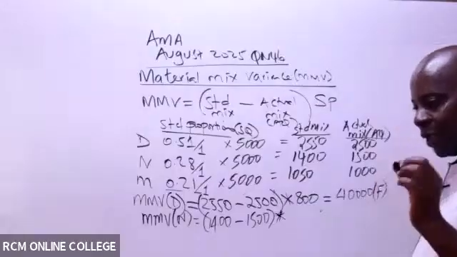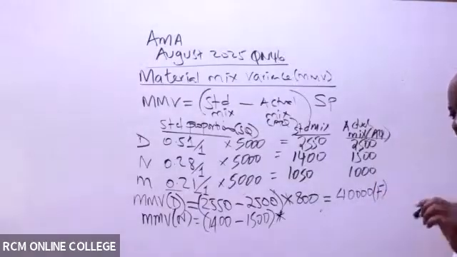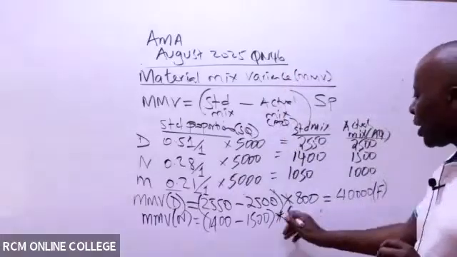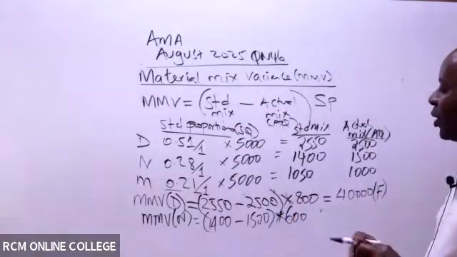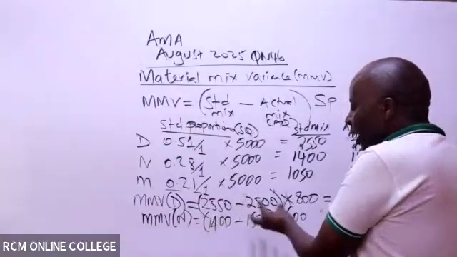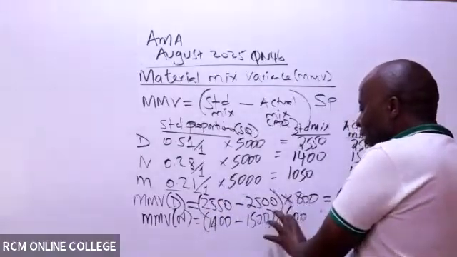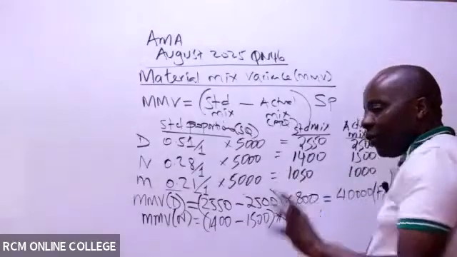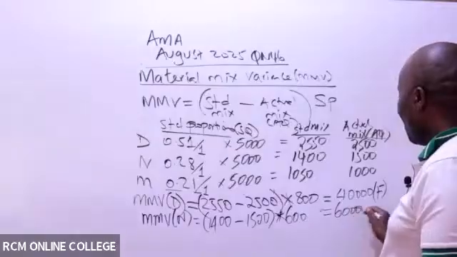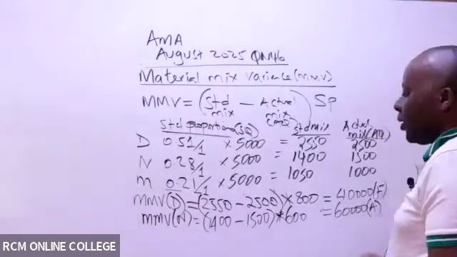It's 600. Then take your calculator, open brackets, 1,400 minus 1,500, close, and whatever answer we get times 600. What answer are we able to get? 60,000 adverse. Thank you so much.